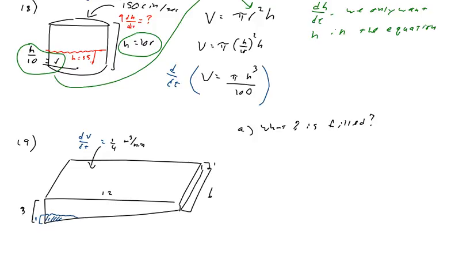How do we do this? What percent of the pool is filled with 1 meter of water at the deep end?